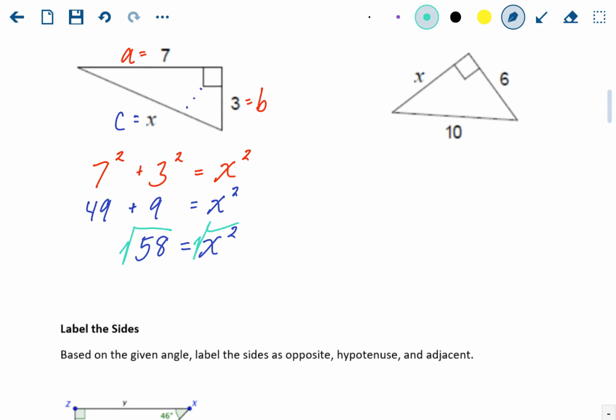The square root of x squared cancels out the squared part, and you're just left with x. And the square root of 58, you're going to need a calculator for these, because that's not a perfect square. It's about 7.6. So make sure on your calculator or your phone or whatever you're using to solve these, you're able to get 7.6 out of that.